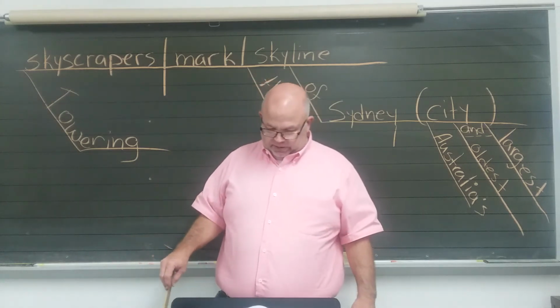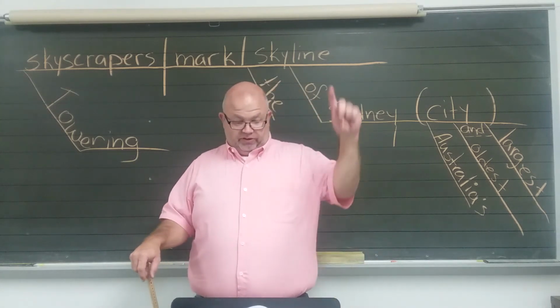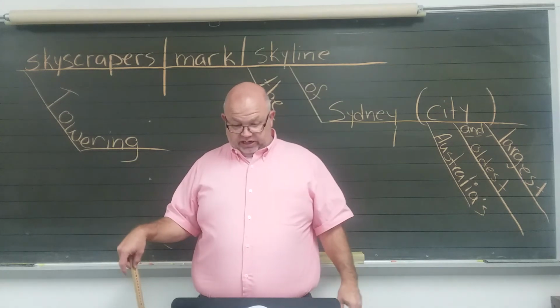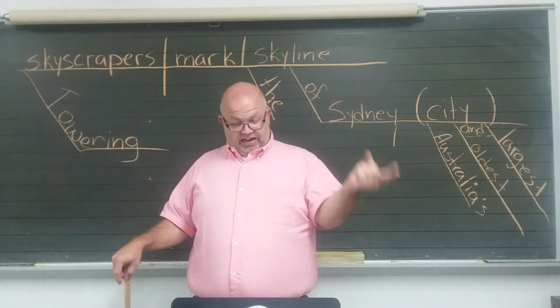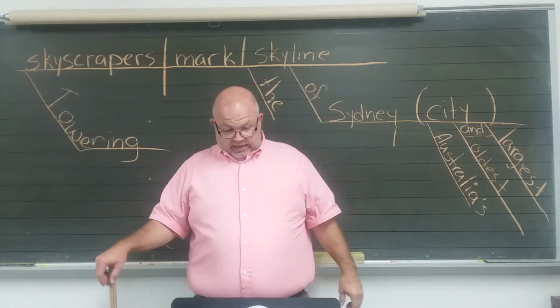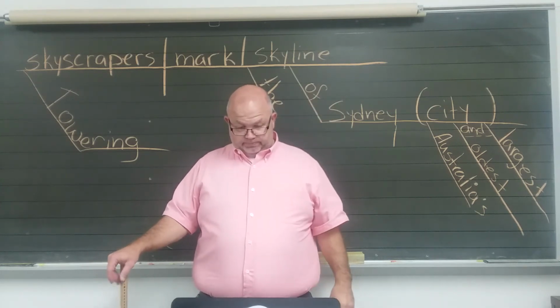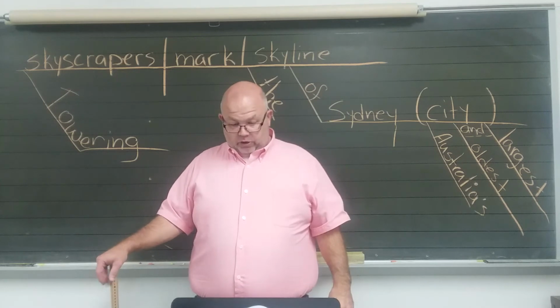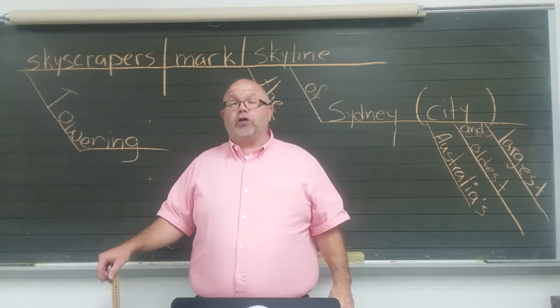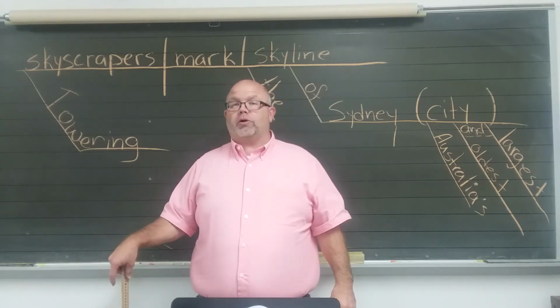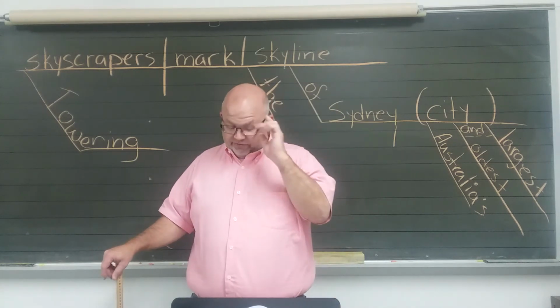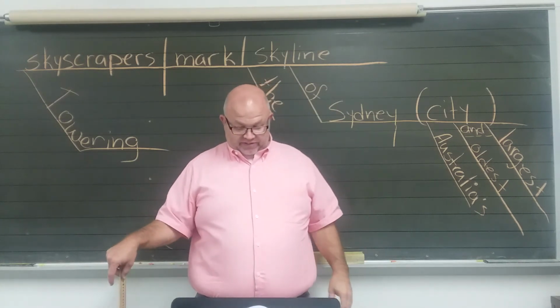Number 19, between the ages modifies children. Of 6 and 15 modifies ages. In remote areas modifies children. By mail is saying how they do. Do is a verb, so by mail is an adverb phrase. And you're supposed to only have adjective phrases there.